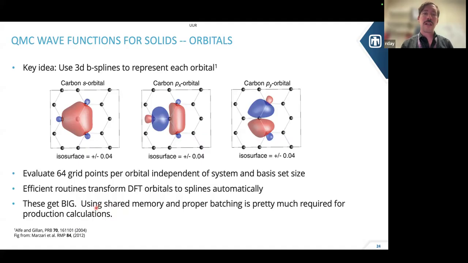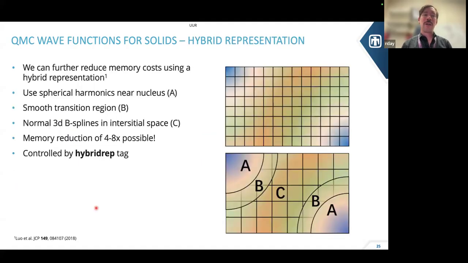But just in case, we can combine a little bit of the best of both worlds between the localized basis sets and these spline basis sets.